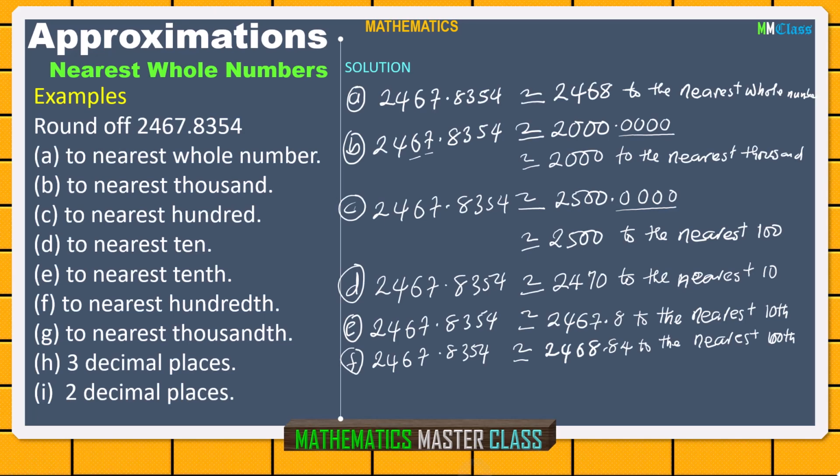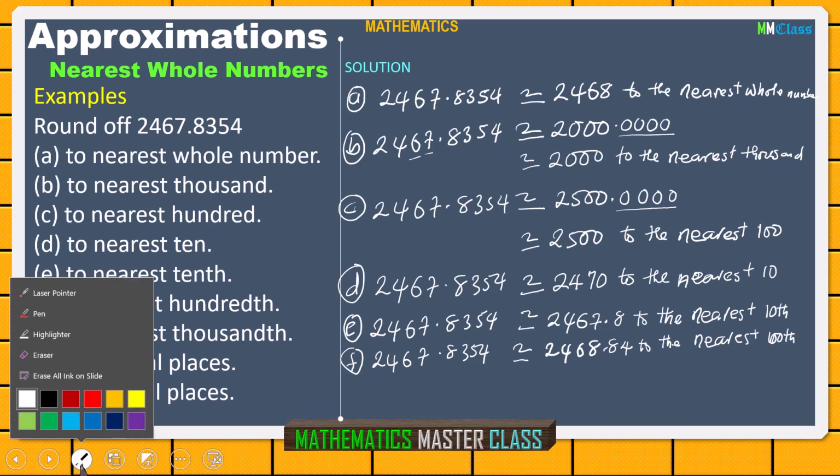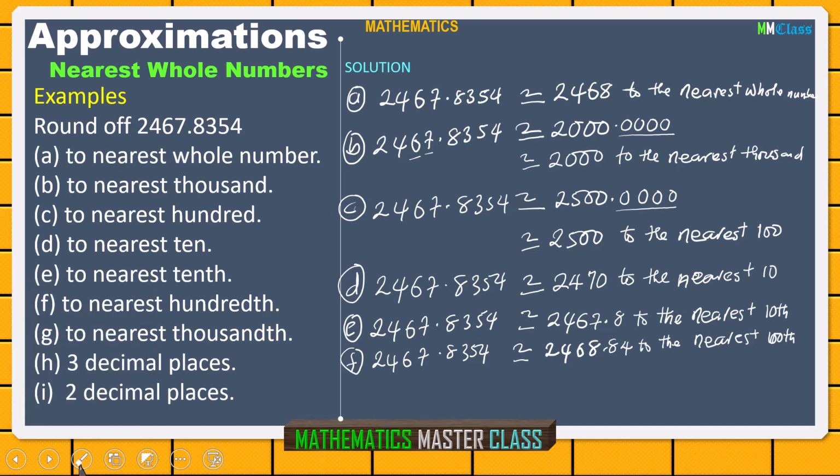So for G we have 2467.8354 to be approximated to the nearest thousand.